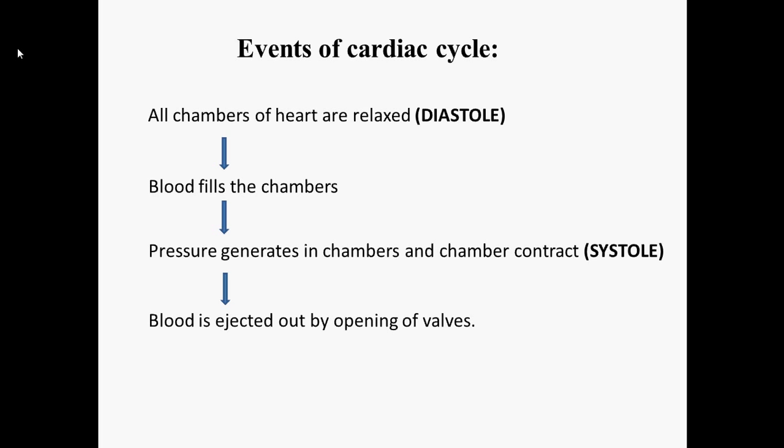Then blood is ejected out by opening of the heart valves. So during these phases the blood fills the chambers, the chambers contract, and the blood is ejected out. So the flow of the blood and the pressure develops in the heart, as well as because of the ejection the pressure changes occur in the blood vessels also. So all these events consist of a cardiac cycle.